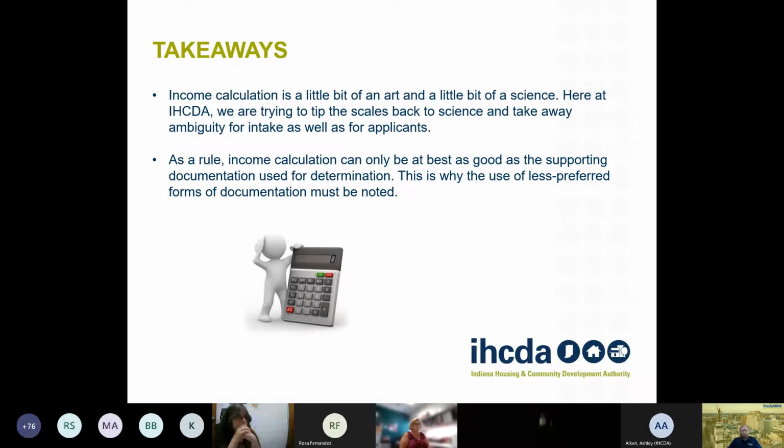And also remember that income calculation is only as good as the supporting documentation being used for determination. That's why we ask you to always use the most preferred documentation first when possible, and to note in the case file why you are using less preferred documentation when that's necessary.